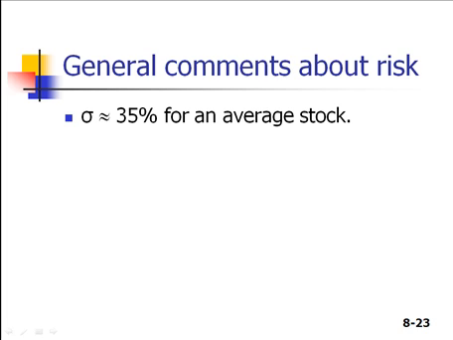So if you just took a stock at random off the pages of the Wall Street Journal, and let's say that we all did this, the entire class, each one of us randomly selected a stock off the page of the Wall Street Journal, and we found its standard deviation, and then we compared notes. Chances are, on average, our answers would hit about 35%. Some of us would have randomly found a higher risk stock, some would be lower, but the average amount, again, 35%.